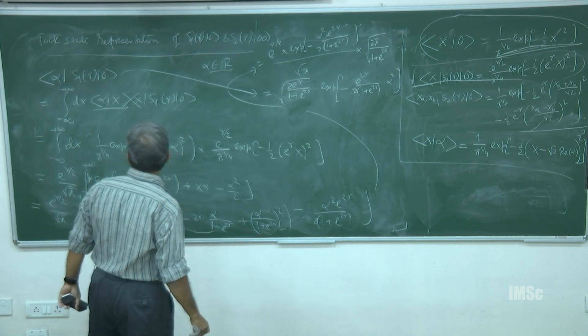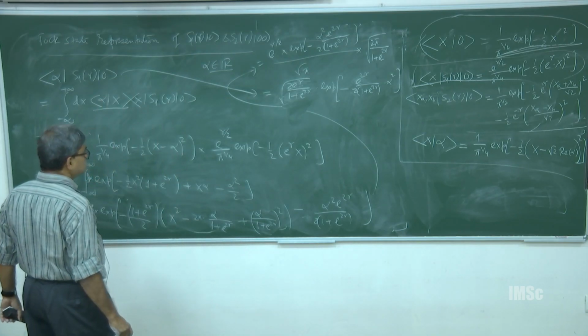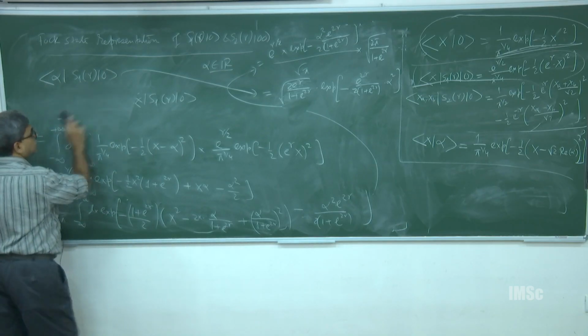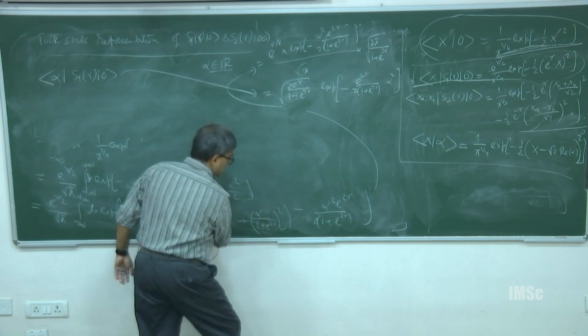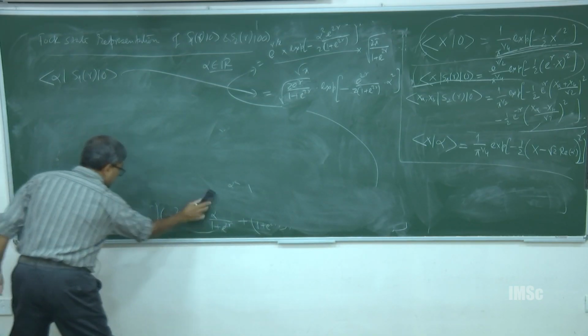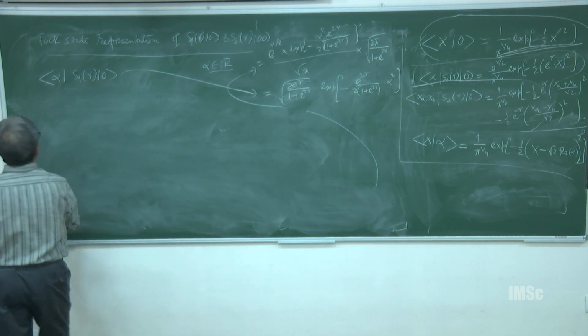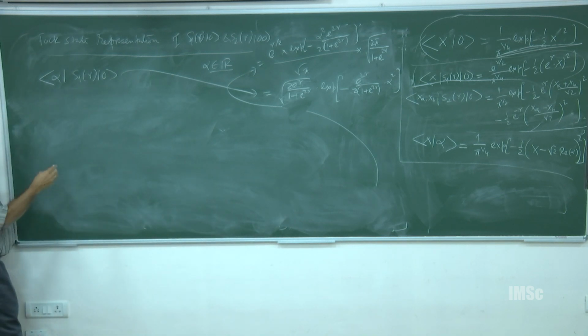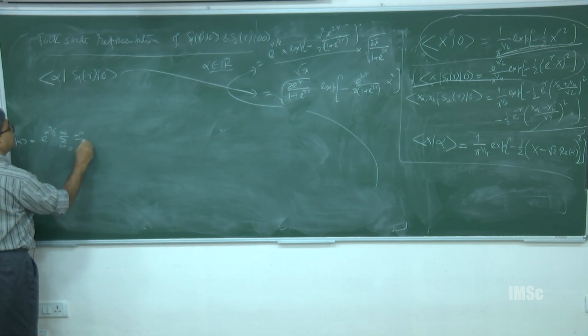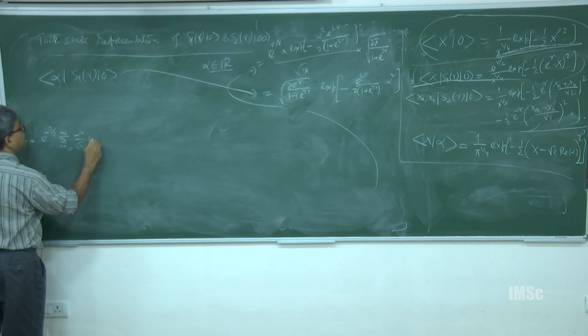Now, shall I erase this? Okay. Now, let us look at it again. So, I know that e to the power alpha can be written as e to the power alpha square by 2, because this is real, sum over n equal to 0 to infinity alpha to the power n divided by square root of n factorial, n, right.